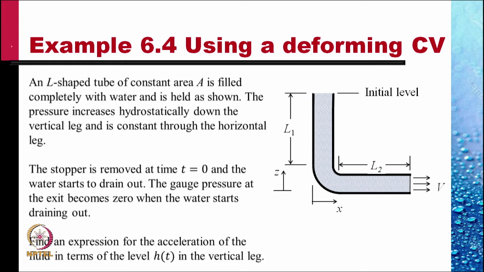Then, at time t equal to 0, we remove the stopper at the lower right end and the water starts to drain out. The gauge pressure at the exit becomes 0 when the water starts draining out.